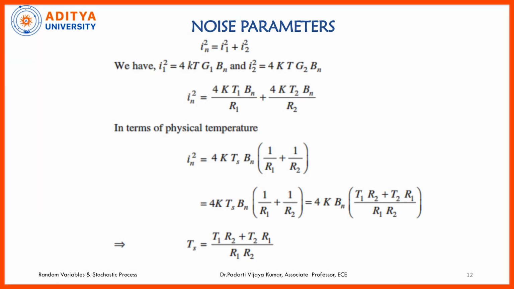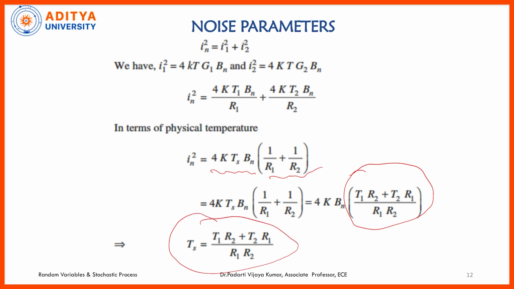So, the overall noise will be IN square is equal to 4 K TS BN into R equivalent. R equivalent is R1 R2 by R1 plus R2, or 1 by R1 plus 1 by R2. From this, what we will get is T1 R2 plus T2 R1 by R1 plus R2. This is the equivalent noise temperature whenever two resistors are connected in parallel.